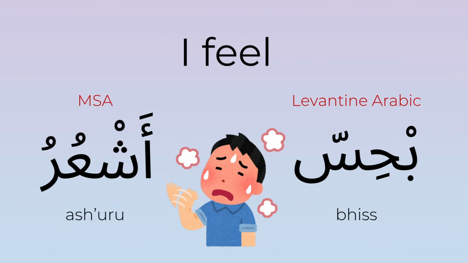I feel. In MSA, it's أشعر. In Levantine Arabic, we say بحس. Again, the MSA version can also be used in Levantine Arabic, but instead of saying أشعر, we would say بشعر. So once again, we have أشعر versus بحس.